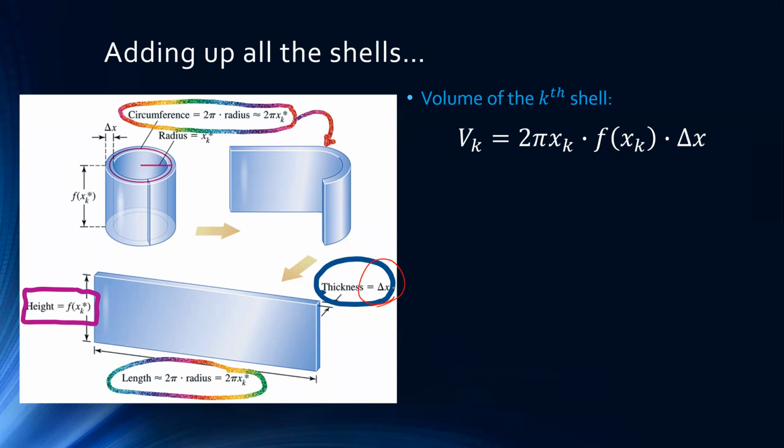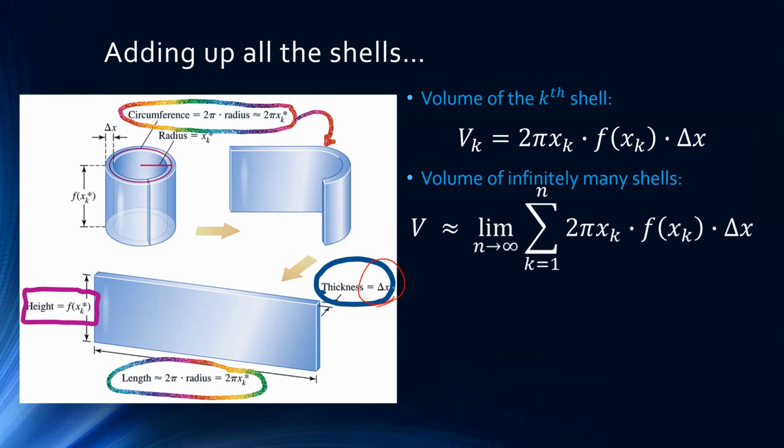And then what are we going to do? We're going to keep shelling this solid. So we're going to sum up a bunch of shells, like infinitely many shells. When I say infinitely many, we are thinking the limit as n goes to infinity of the sum of all the shells. And that defines an integral.